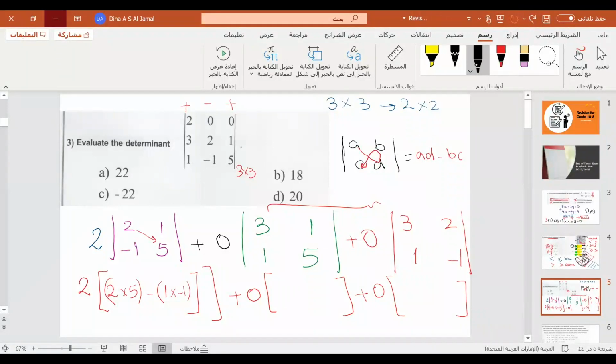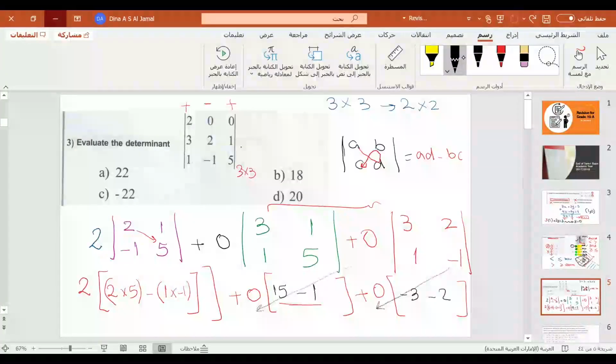If I found here 3 multiplied by 5, 15, minus 1 multiplied by 1, 1. Then 3 multiplied by -1, minus 3, minus 2. Now, if I multiply the 0 by 14, I will be getting 0. So this will be cancelled. And here I will be getting 0. So this will be cancelled.